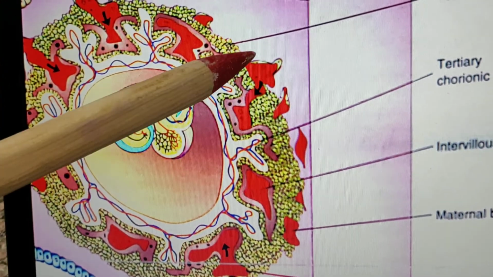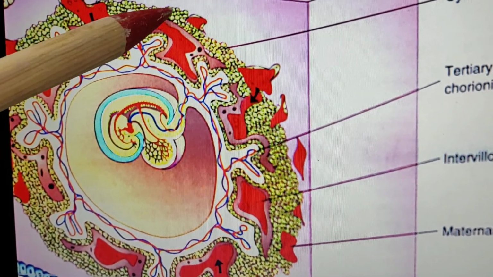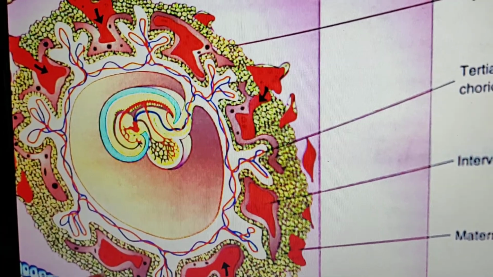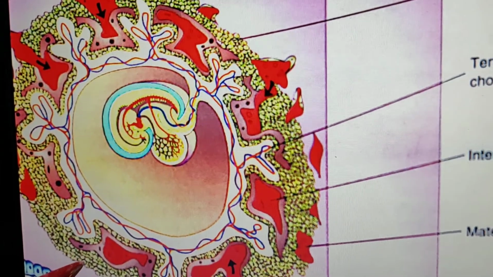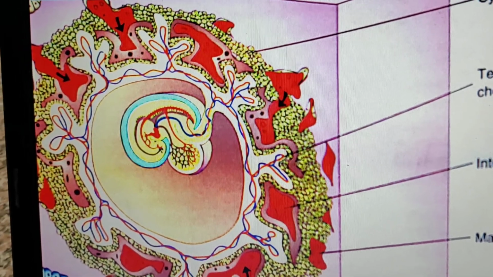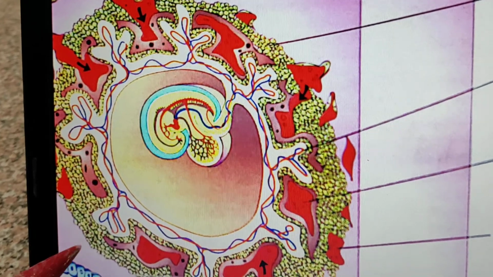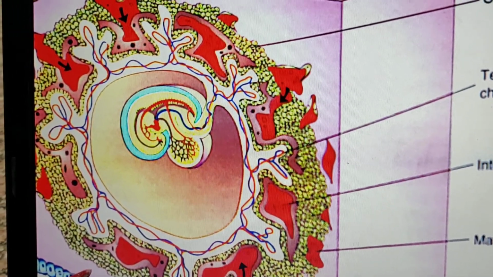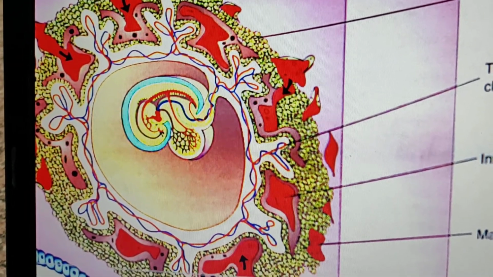Now if you see these dot structures, these are the cytotrophoblast cells. The formation of these cytotrophoblast cells is to separate this syncytotrophoblast from contact with this decidua, so that further invasion of the endometrium is prohibited.